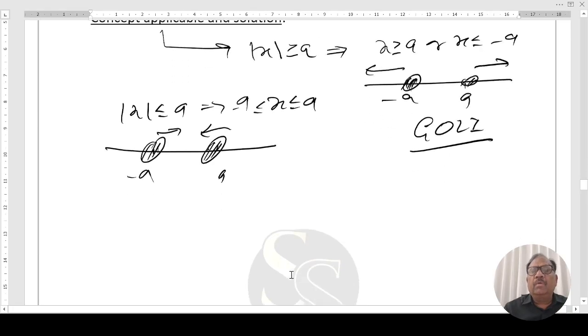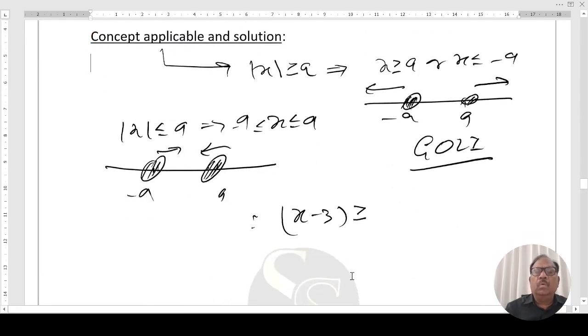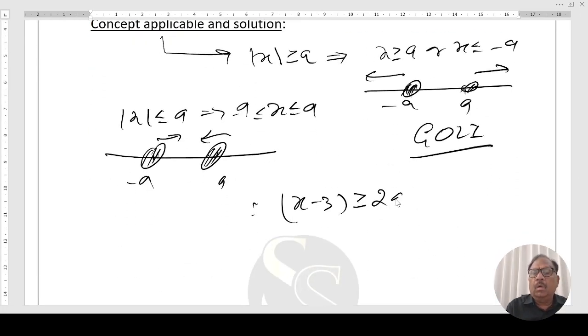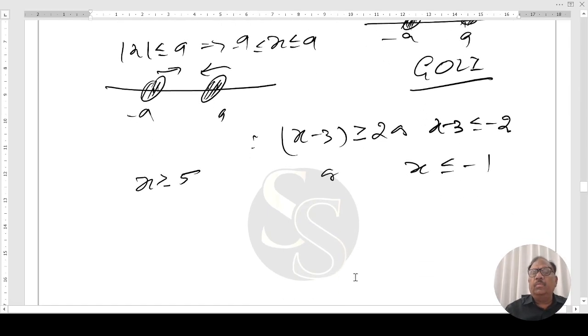In the given question, x minus 3 will be greater than or equal to 2, or x minus 3 will be less than or equal to minus 2. If you solve this, x is greater than or equal to 5 or x is less than or equal to minus 1. These are the two possible answers.